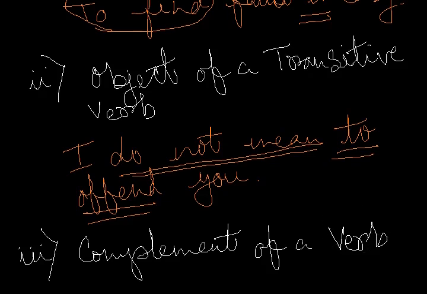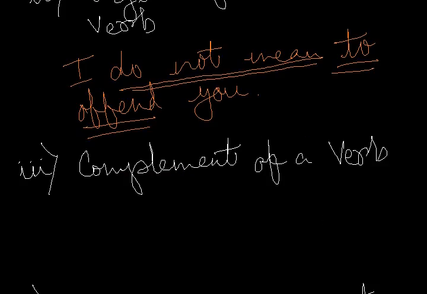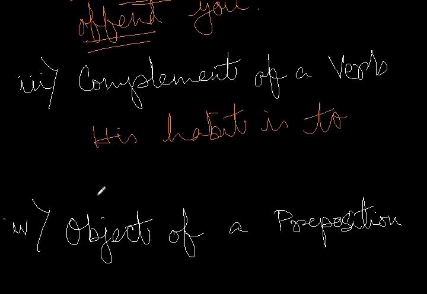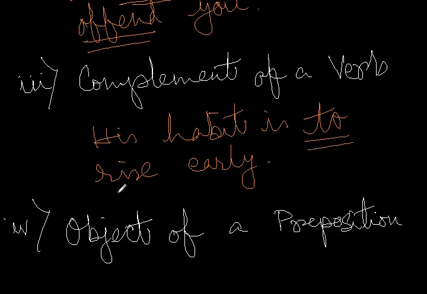Again, an infinitive may also act as the complement of a verb. Take this example: "His habit is to rise early." Over here, as we can see, "to rise" is the infinitive and it acts as the complement of the verb "is".